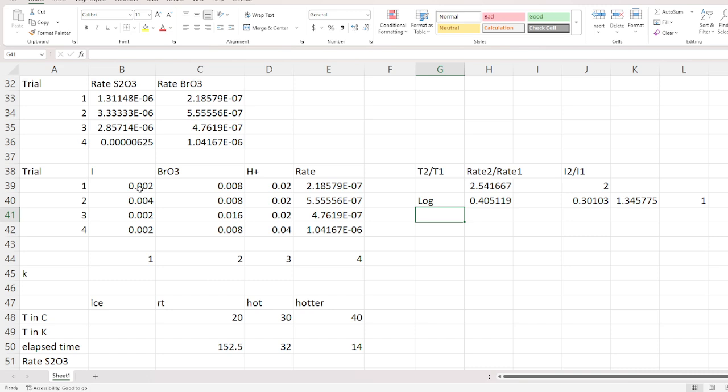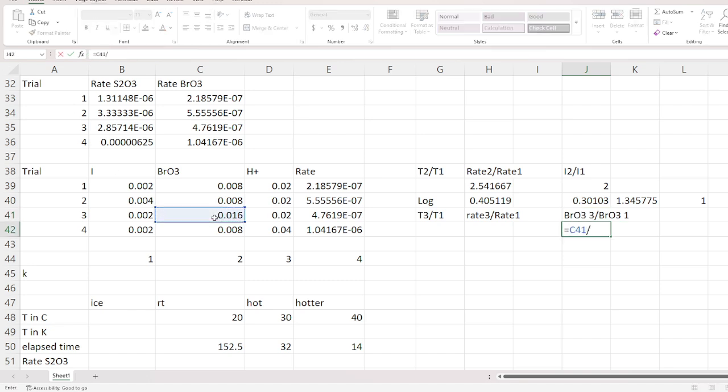So I'm going to look at trial 3 over trial 1, so rate 3 over rate 1, and BrO3 trial 3 divided by BrO3 trial 1. So, what's my bromate here divided by bromate there? 2.